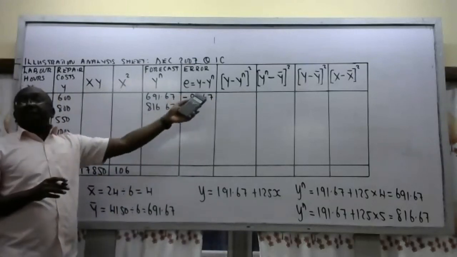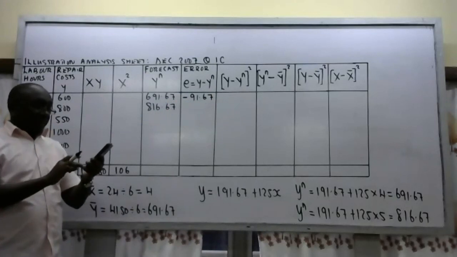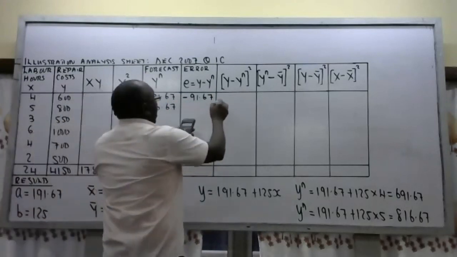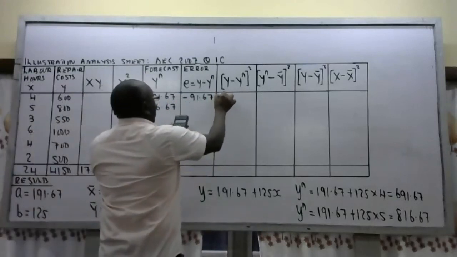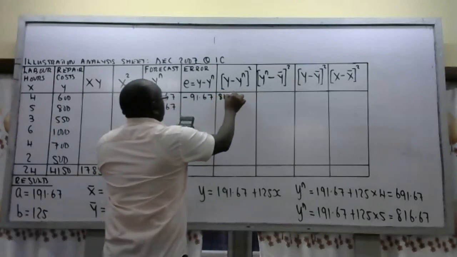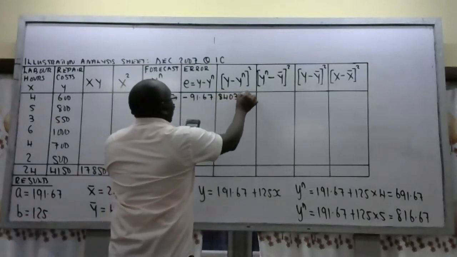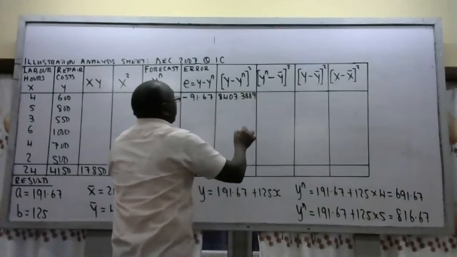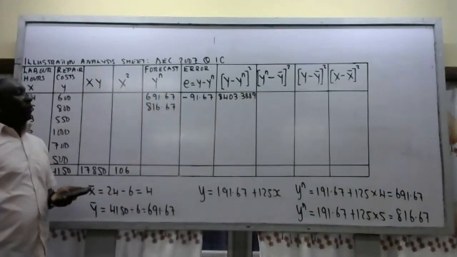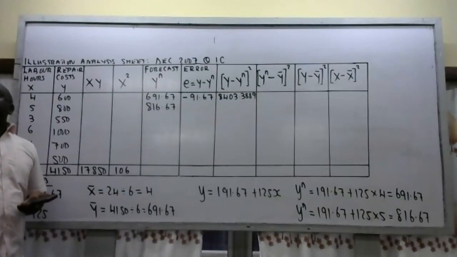Then you square that value to write it in the next column. When you square, it will be 8403.3889.